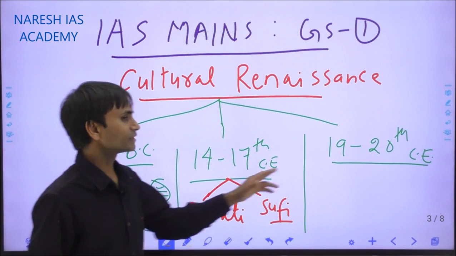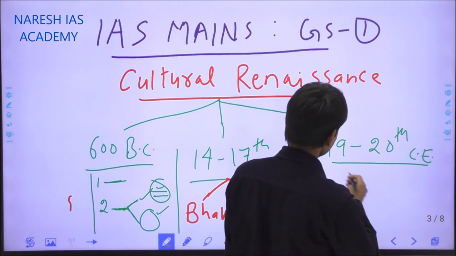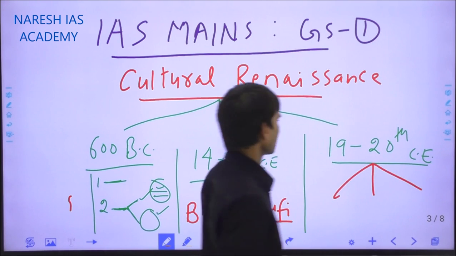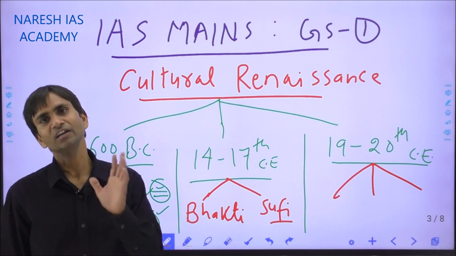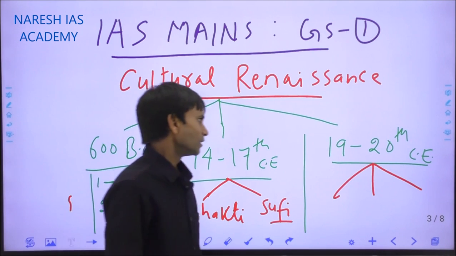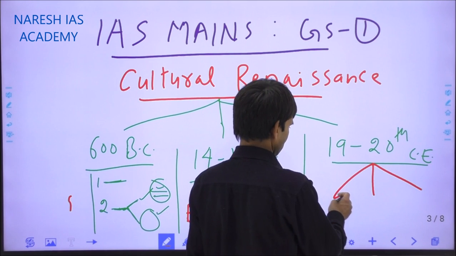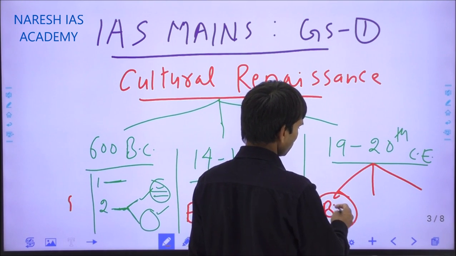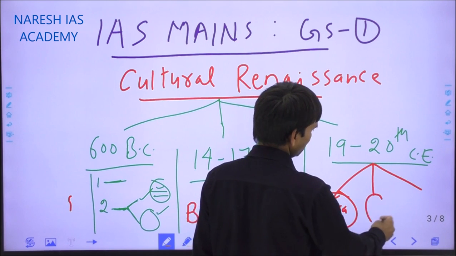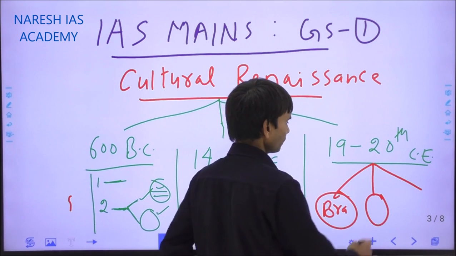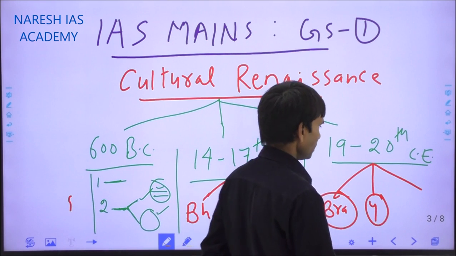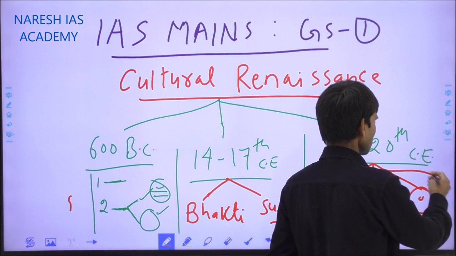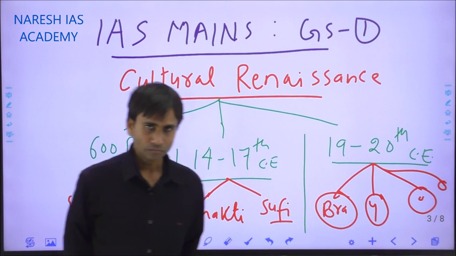Okay, in the 19th or 20th century, again we can define the cultural renaissance in a different way. In this phase, we can discuss some organizations like the Brahmo Samaj of Raja Ram Mohan Roy, the Young Bengal movement of Henry Vivian Derozio, the Ramakrishna Mission of Swami Vivekananda, and the Theosophical Society of Annie Besant.